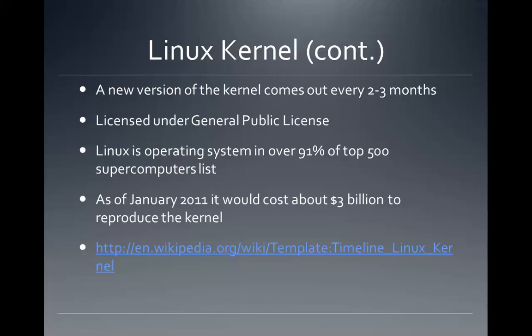And it's the operating system in over 91% of the top 500 supercomputers list. So it's a very powerful and efficient operating system. And if you were to recreate the Linux kernel, it's going to cost about $3 billion, because with open source, it's taken a little over 3,000 man years. So to recreate it in a normal setting, it's going to take forever.